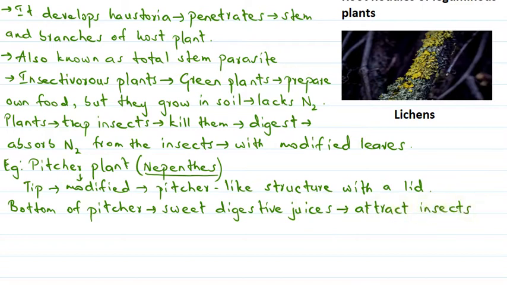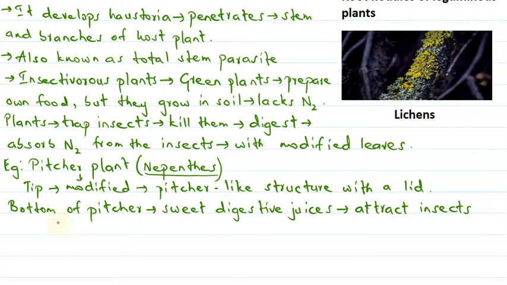They have hair present in the structure that helps in trapping the insects. Once the insects get trapped, they are unable to come out of that trap, and with the help of these digestive juices, the insects are digested within the pitcher-like structure, and the nitrogen from the insects is absorbed by the plants, and this helps them to get adequate amounts of nitrogen.